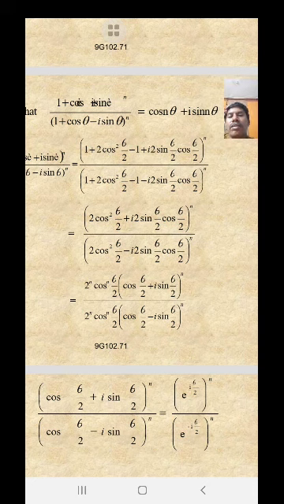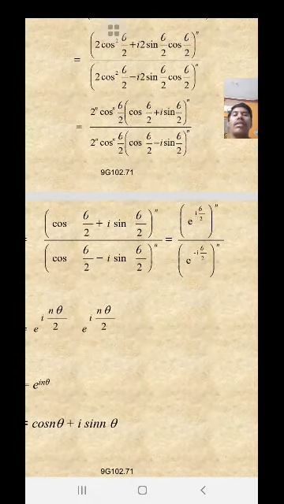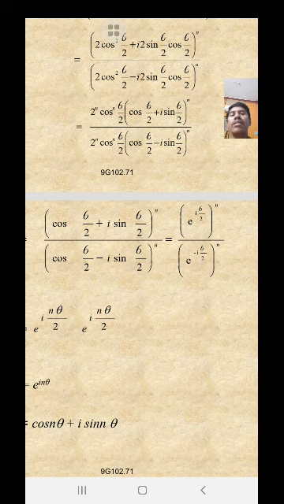So numerator and denominator, the common part gets cancelled. Next, in the bracketed terms we can express it in the exponential form.